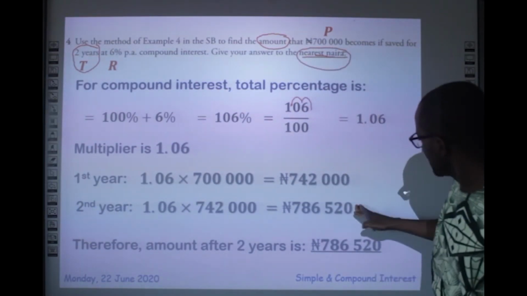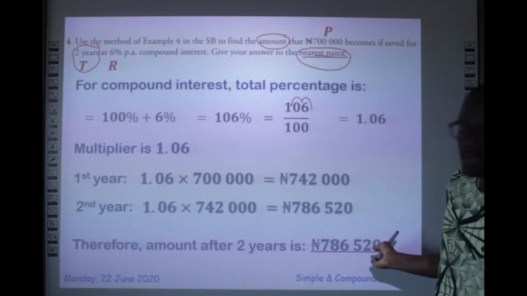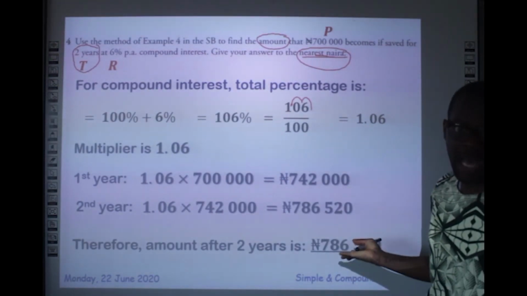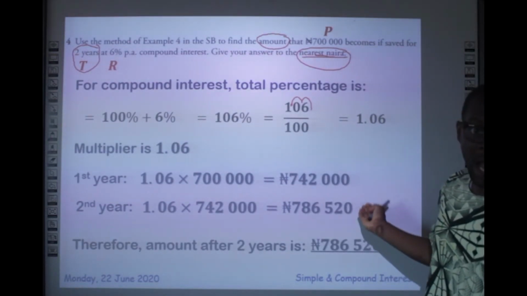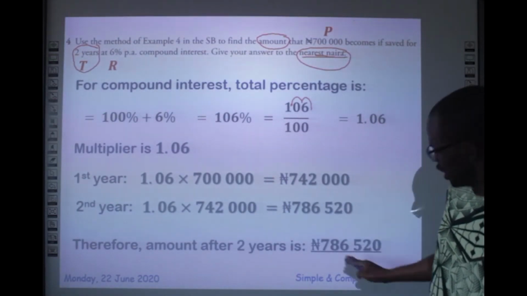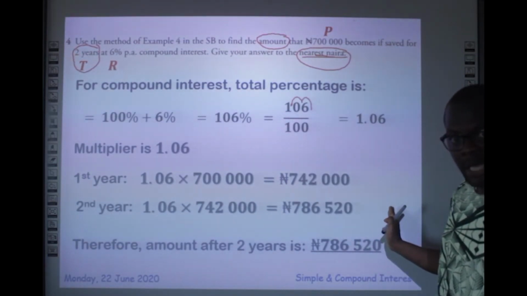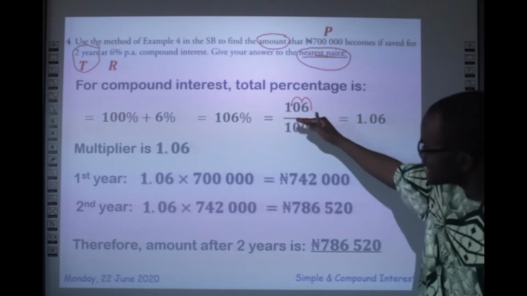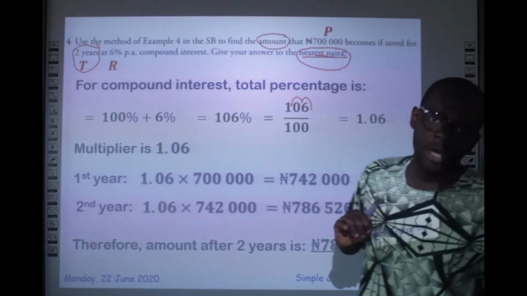Because we don't have any decimal part, this is okay. Your answer is just that. If you had a decimal part, that's when you would need to round off the decimal part to the nearest naira, because we don't want any decimal part. Okay, so that's it. So these are the steps you follow when calculating compound interest.